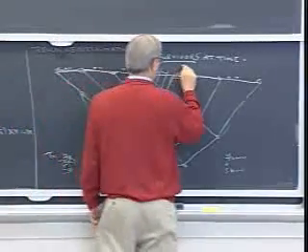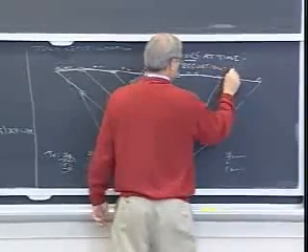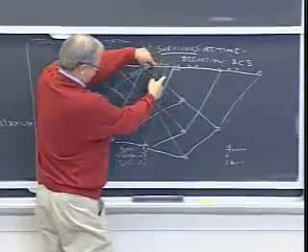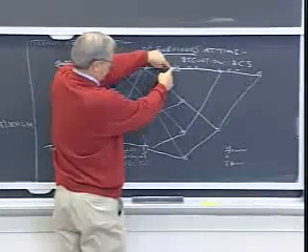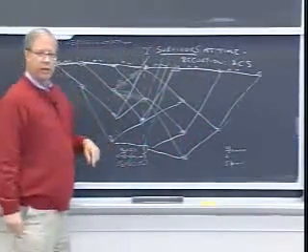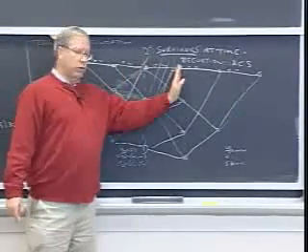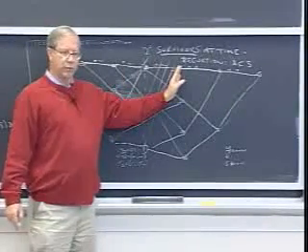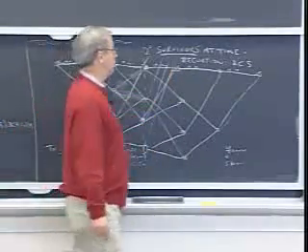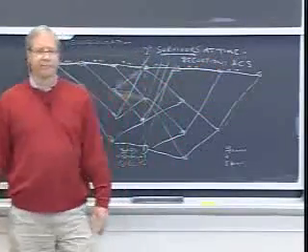So the recursion is called an ACS operation. For add, we add increments to each of these paths. We compare which is the best, and we select the best one. We keep that, we throw away the other. We now have a 1 unit longer best path to this node and its cost for all 2 to the nu survivors at time i plus 1.